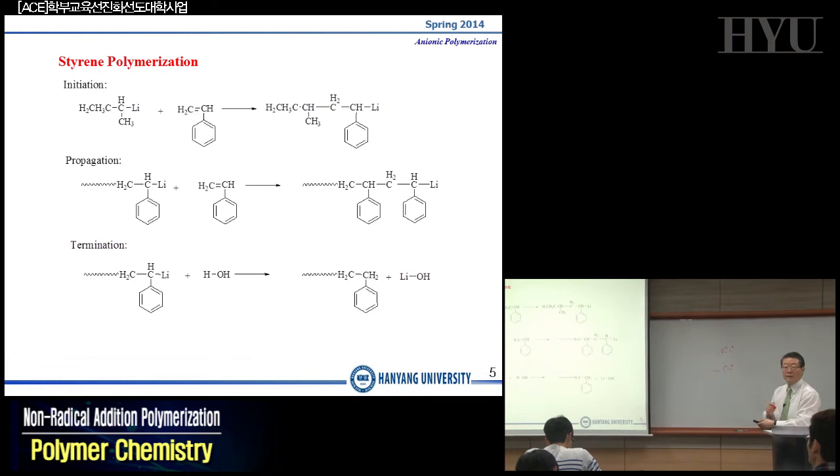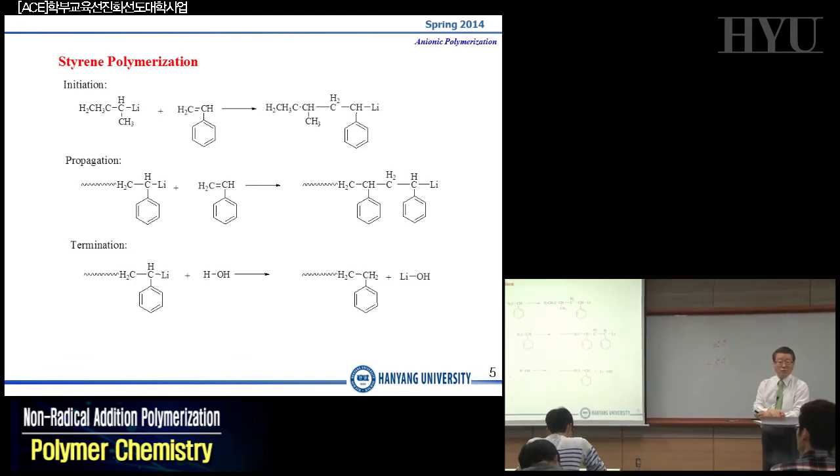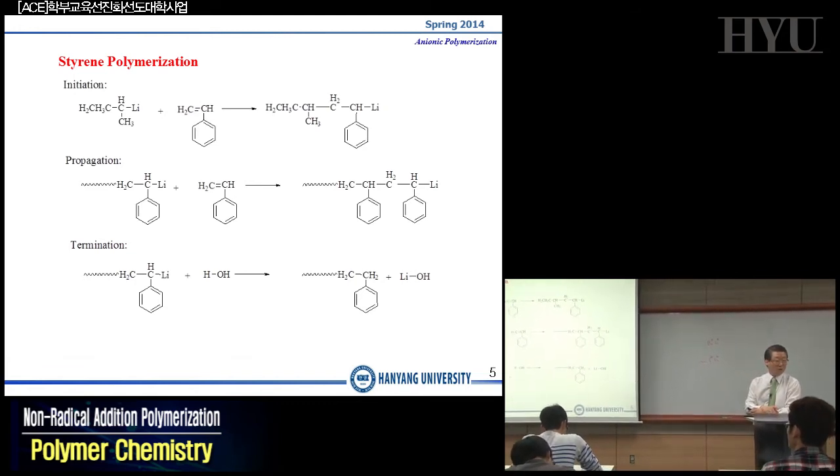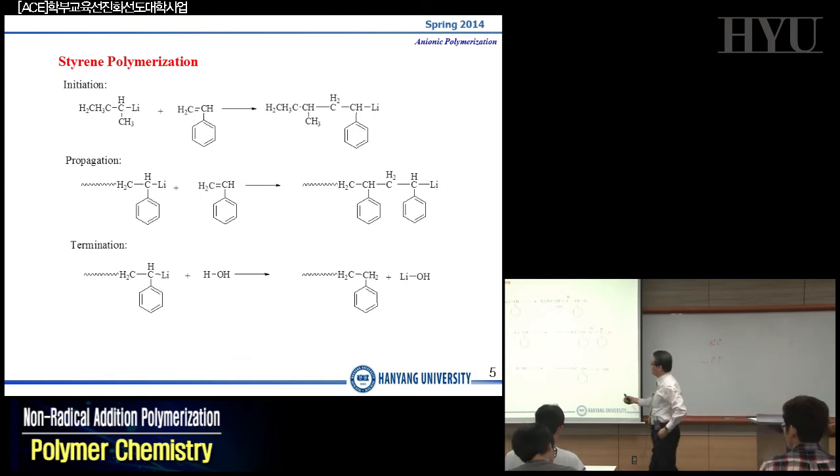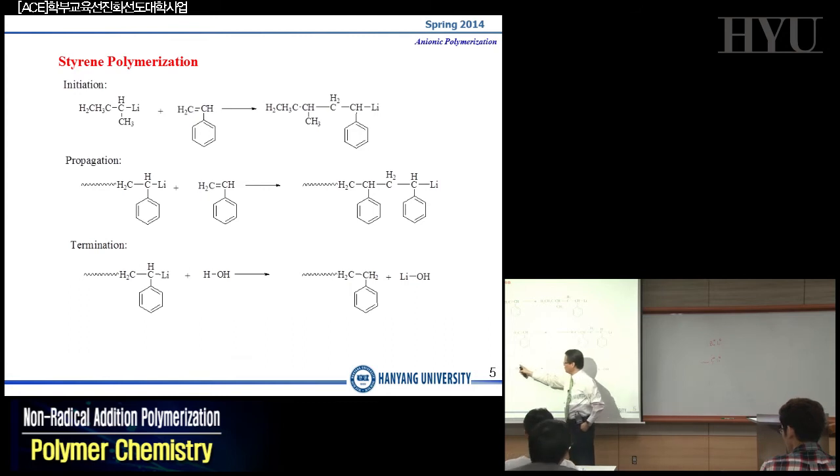This way you have initiation, propagation, and termination with butyl lithium as an initiator and styrene as a monomer, and you form polystyrene with a high molecular weight in this case. Note that we have a terminating agent here, proton donating water.